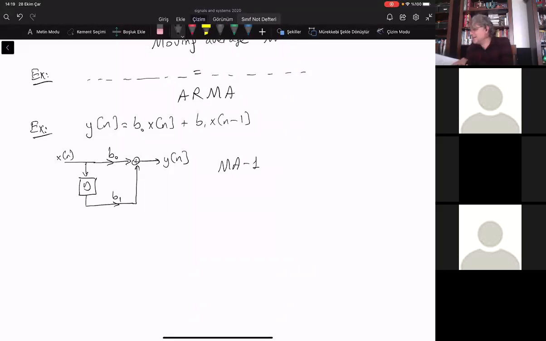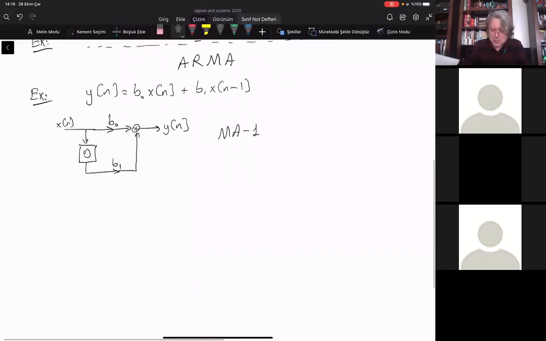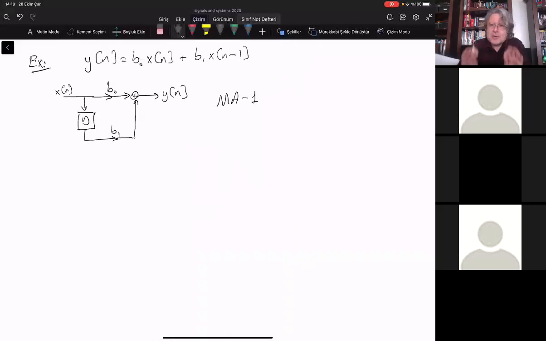Now from here, it's time to do an ARMA 1, or autoregressive 1 and moving average 1 implementation, which is essentially a combination of both. And over there comes the puzzle solving, or the trick that we are going to use.